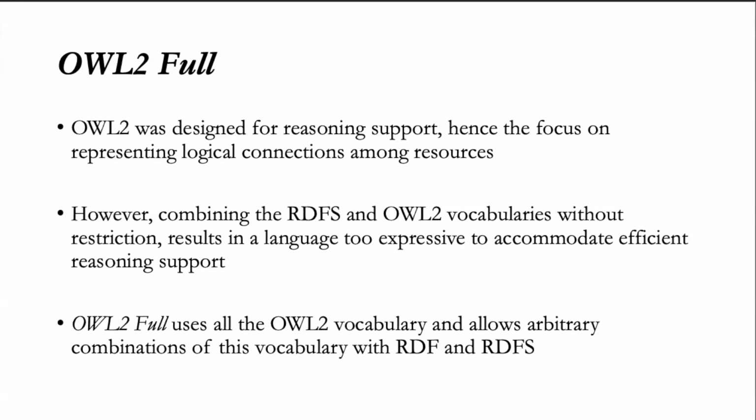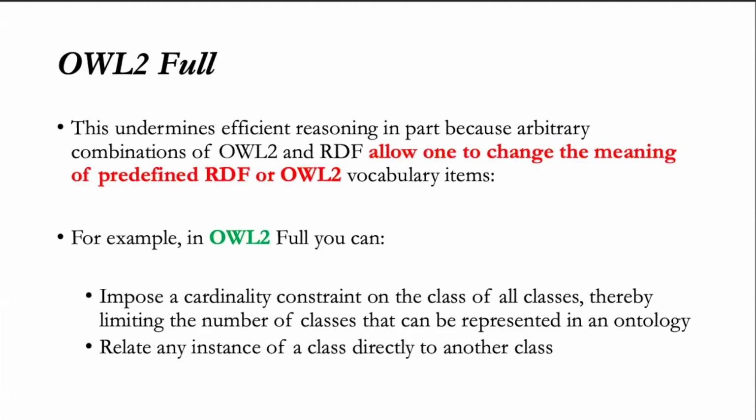But combining RDFS and OWL 2 vocabularies without any restrictions results in a language that's too expressive for reasoning. OWL 2 Full uses all of the OWL 2 vocabulary and allows arbitrary combinations of this vocabulary with RDF and RDFS. This is what I was mentioning earlier when I said you can change RDF and RDFS in some flavors.